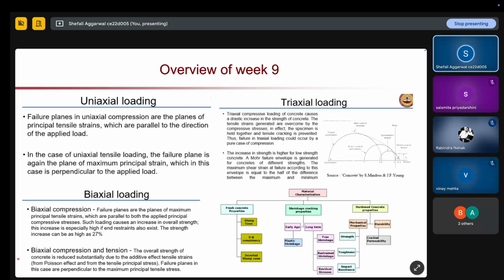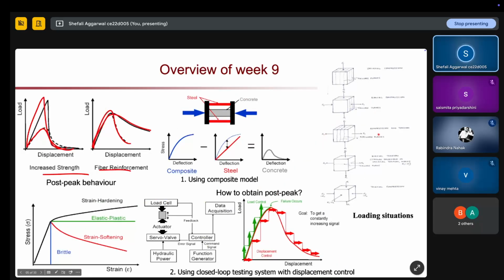The strength increase can be as high as 27%. So if we are compressing in both directions, you are actually making your concrete system more compact. If your concrete is getting more compact, your strength value will initially increase and your failure planes are parallel to both directions.